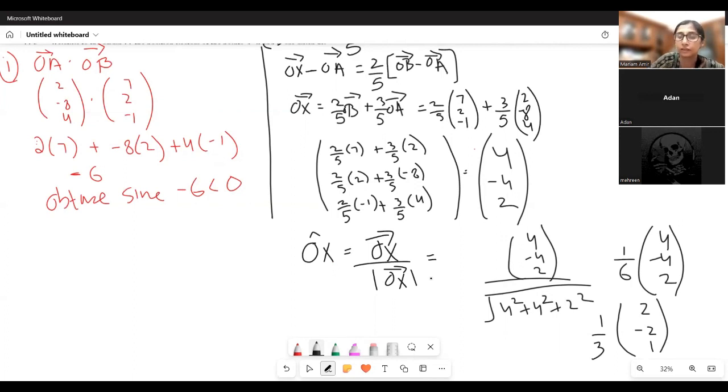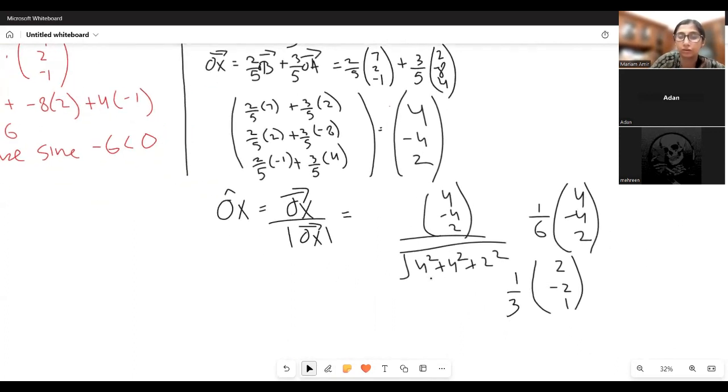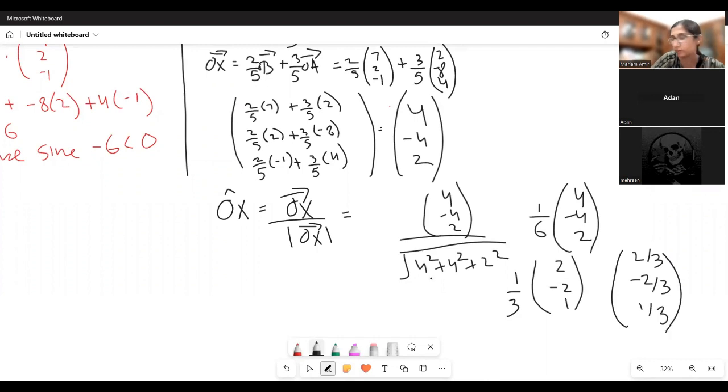Or you may also write it as 2 by 3, minus 2 by 3, 1 by 3. That's the column unit vector OX. This is the correct answer, कुछ भी लिखो.